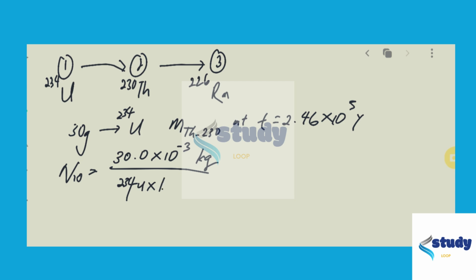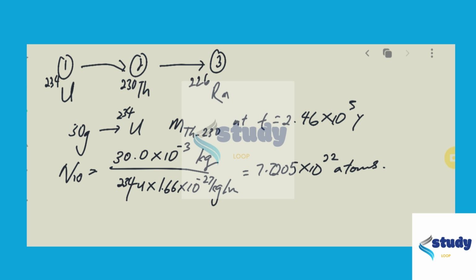So 1.66 times 10 to the power minus 27. All right. So this is the number of initial atoms.